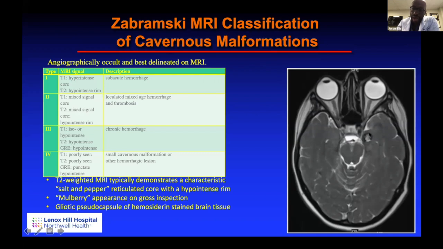It's very common to have a hypo-intense capsule. This dark capsule is very common. When these things bleed, they often bleed intracapsular, meaning within this dark hemosiderin-laden rim, which is quite gliotic.